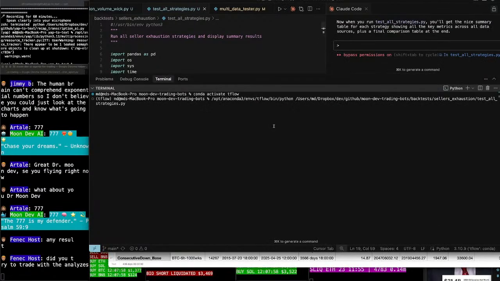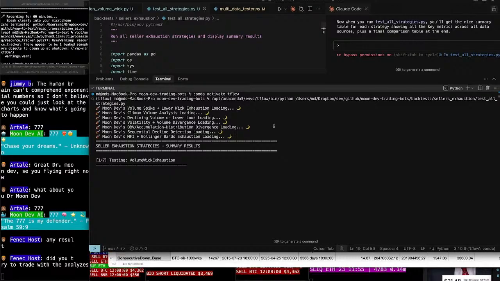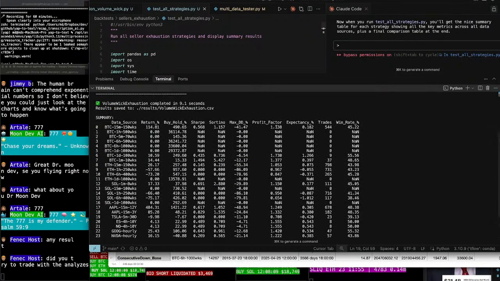Remove the missing data. Okay, let's go ahead here and see if we can get this running. There we go. That's what I wanted. Perfect. Nones on some of these, huh?